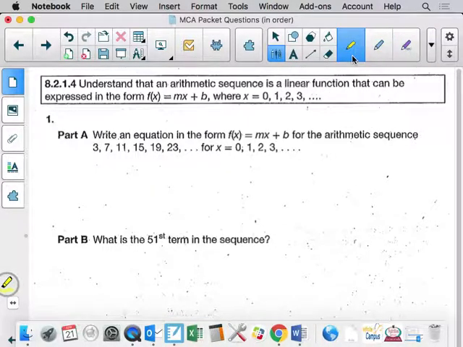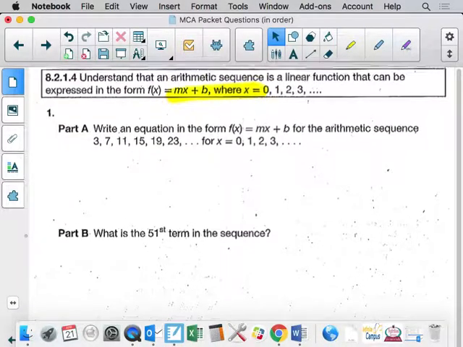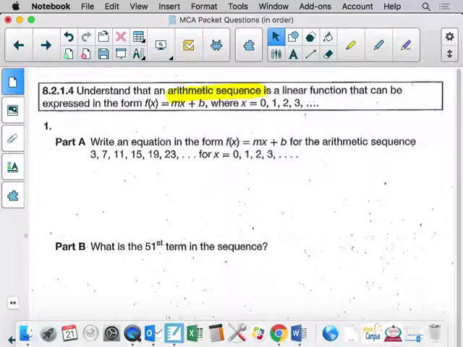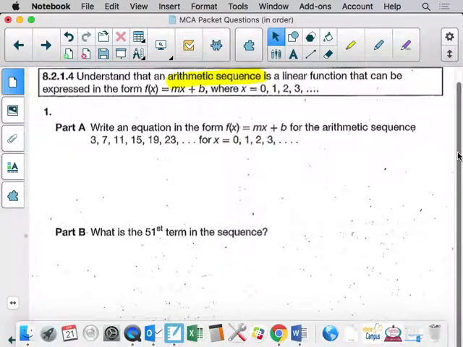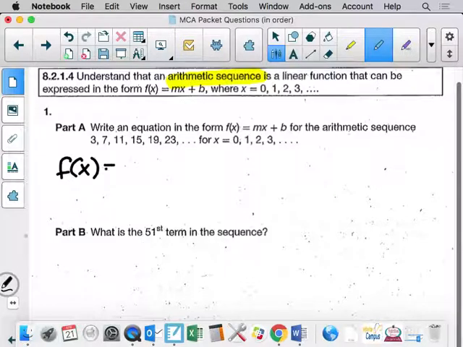Okay, so an arithmetic sequence means a pattern in which the same thing is being added or subtracted over and over in your sequence. So f of x equals mx plus b is our general form for an arithmetic sequence.